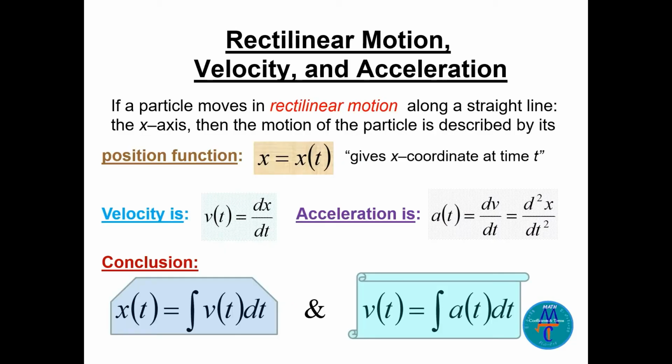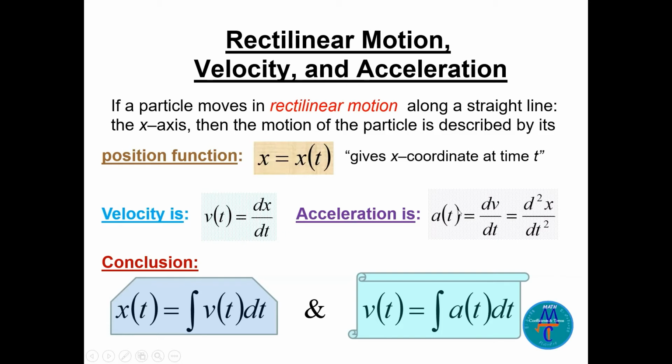Now let's look at rectilinear motion, velocity, and acceleration. If a particle moves in rectilinear motion along a straight line, the x-axis, then the motion of the particle is described by the position function, which is x equals x of t. It will give here the x coordinate at time t. Now the velocity, v of t, is the derivative of the position function, dx over dt.